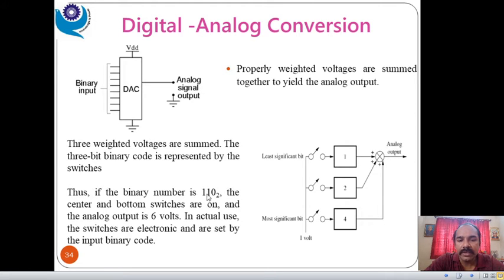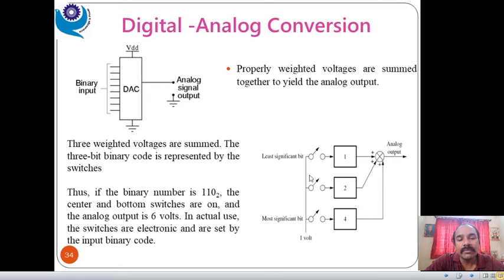Let's take an example, if we take 1 1 0 in this format. So here is 1, here is 1, and here is 0. Only 2 blocks have closed switches. This is a closed switch, this is a closed switch, and here is 0, that's why it is an open switch. So 2 voltages will appear at this point, which are summed, and we get the output.